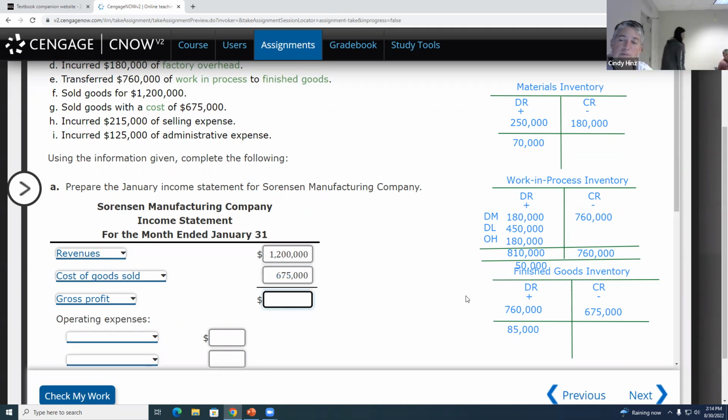Now I will tell you about this. In SeeNow, if it does not say whether to use negatives or not use negatives, it will accept either one. Some people like to put the negative in front of cost of goods sold because it reminds them to subtract.